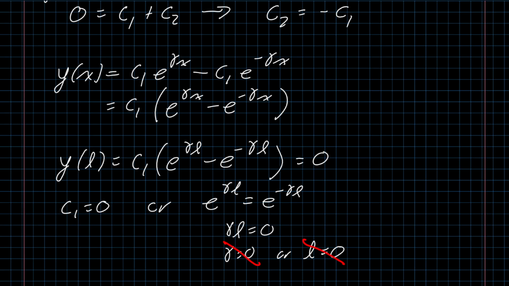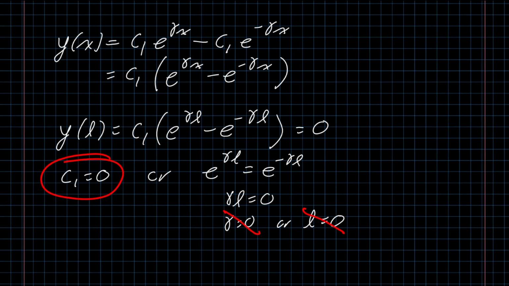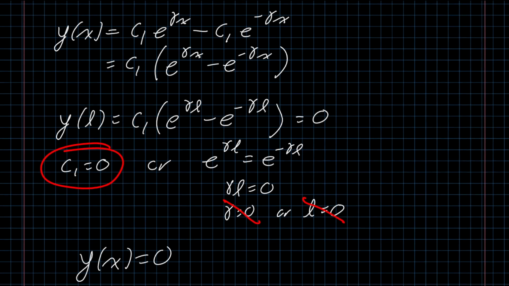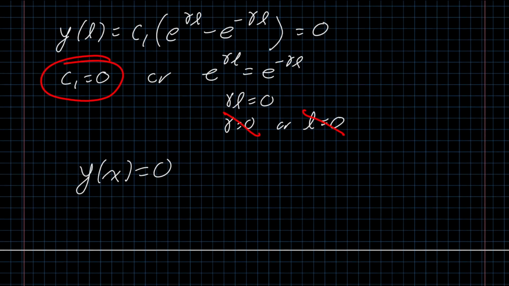And we already looked at why L equals 0 is a problem, so we have to throw that out. And we're left with c1 equals 0, which means that once again, all we have is the trivial solution of y of x is equal to 0 for every value of x. This is starting to look a little bit dire.